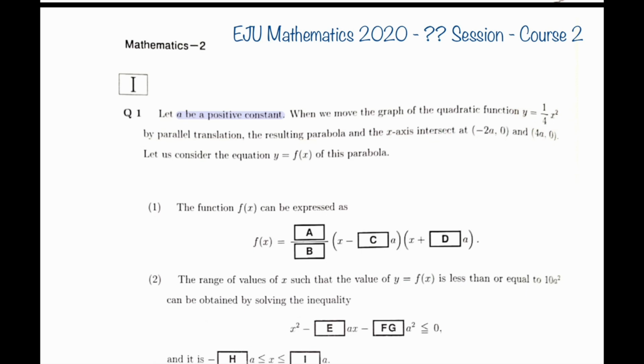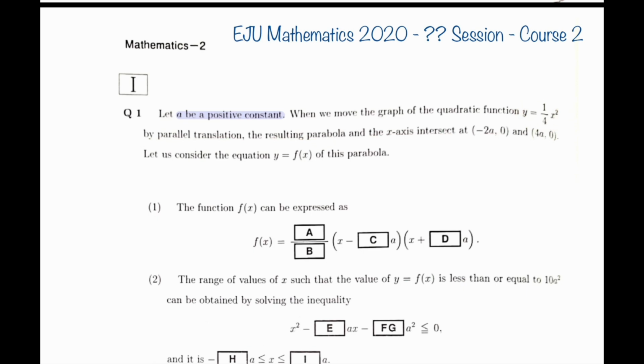Let us consider the equation y equals f of x of this parabola. This is my first quadratic function, or my initial parabola. I will translate this parabola, and the resulting parabola and the x-axis will intersect at (-2a, 0) and (4a, 0).